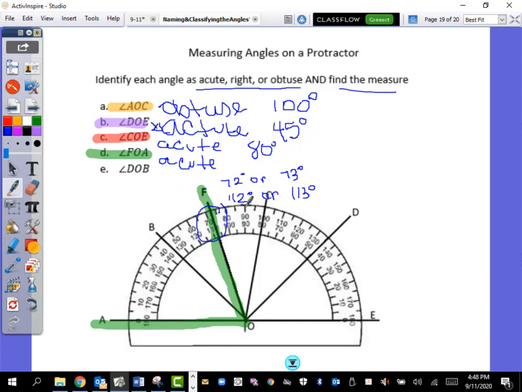Is it 72, 112? And since acute is less than 90 degrees, the correct answer will be 72. I'm going to erase this, and then I'll put 72. Or you could also write 73.